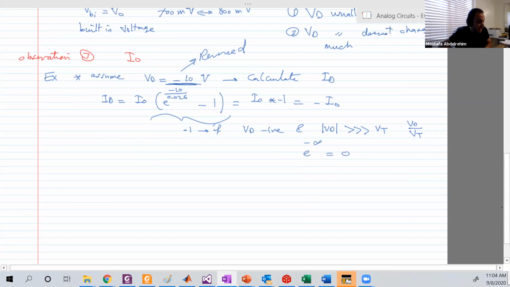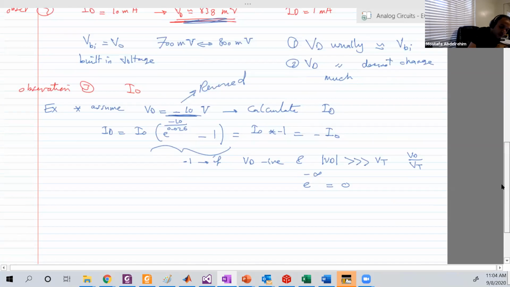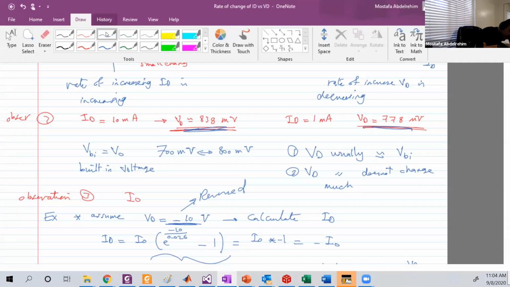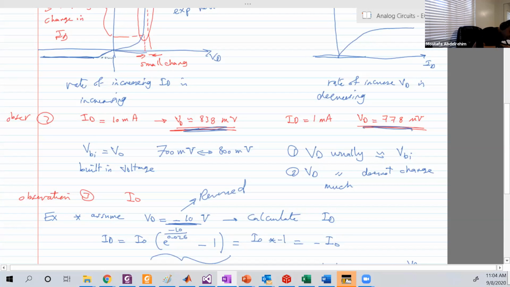So for most of our applications, I naught is really very small, and that's why when I draw the relation here, I made this. When the diode is in deep reverse, the current is actually equal to, let's make it with another color, minus I naught.